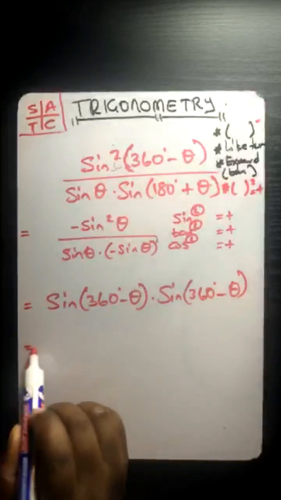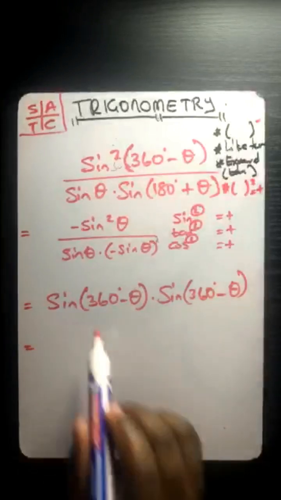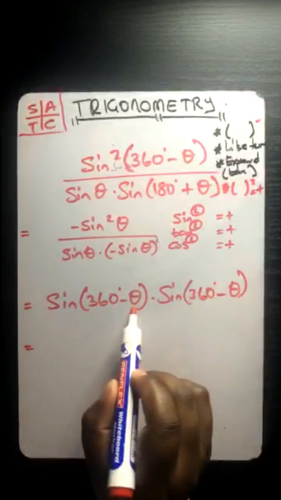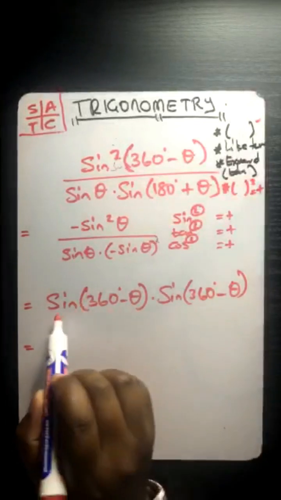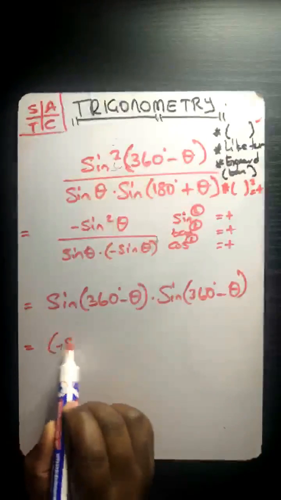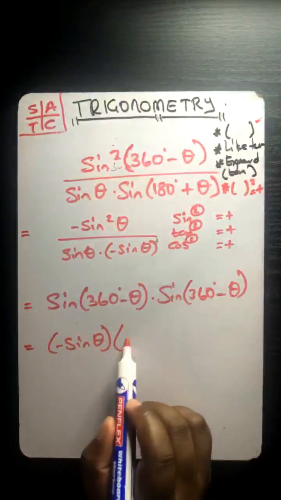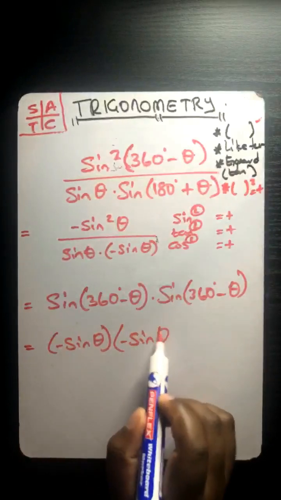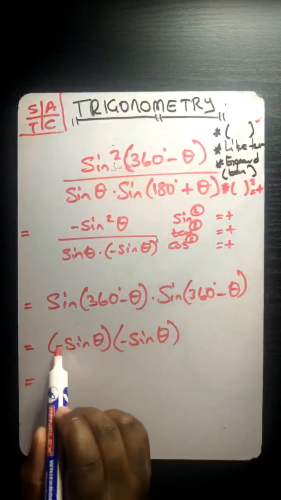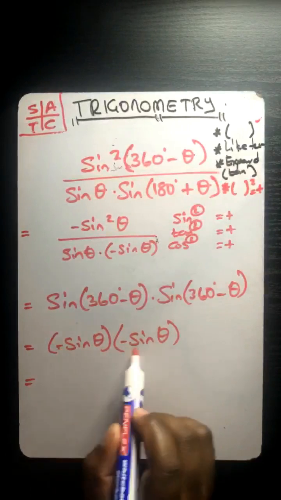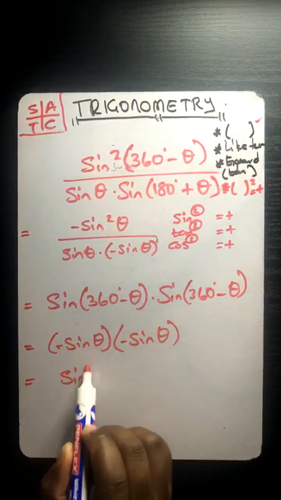I think so. Now let's see. This thing falls in which quadrant? It falls in the fourth, and in the fourth, sine is negative. So this is actually negative sine angle. This thing is also negative sine angle. So negative times negative is positive. That times that ends up being positive sine squared.